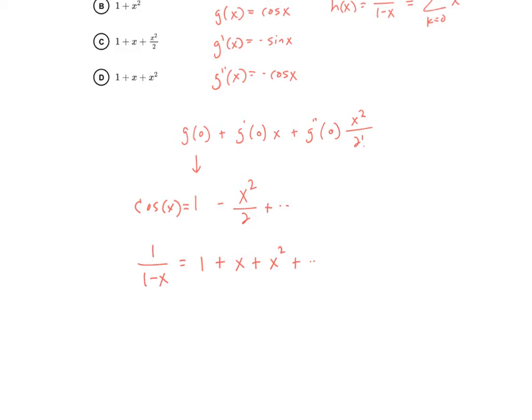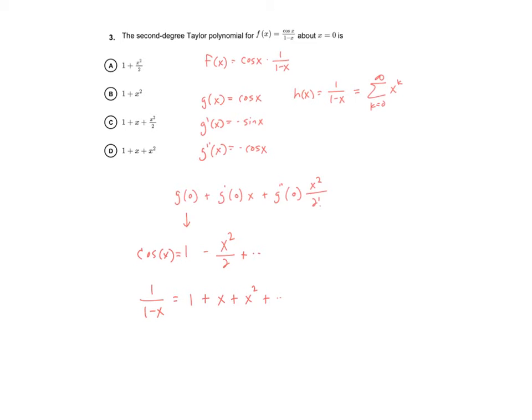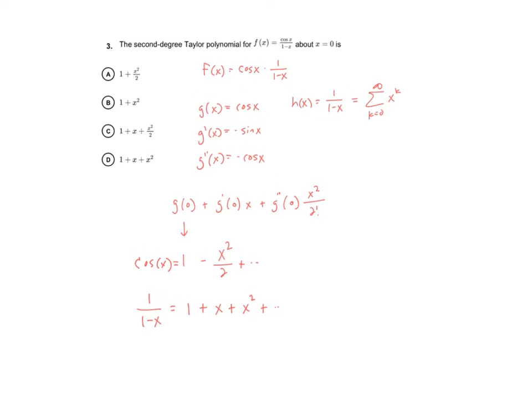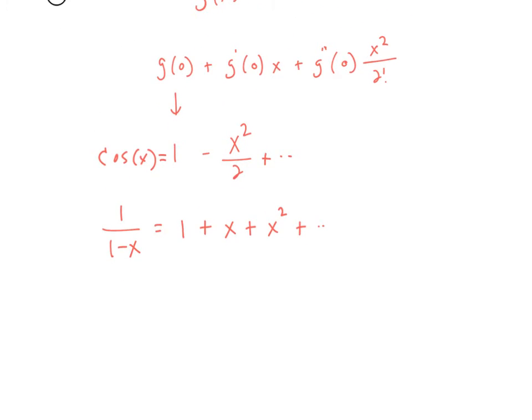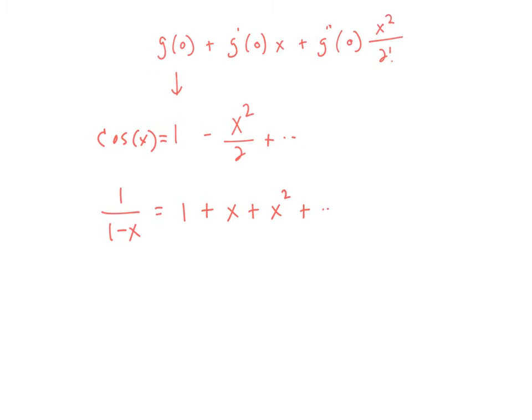You can't do that since there's an infinite number, but we're only looking for the second degree polynomial, so we're only looking for terms where the highest exponent is 2. So we can just take these first 2 terms, multiply by 1, take these first two terms, multiply by x, first two terms, multiply by x squared, and then only take the terms that are degree 2 or lower.